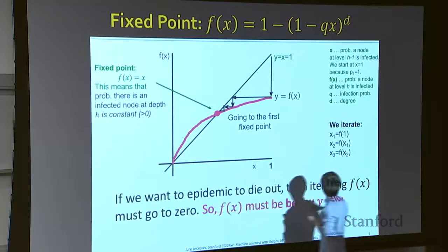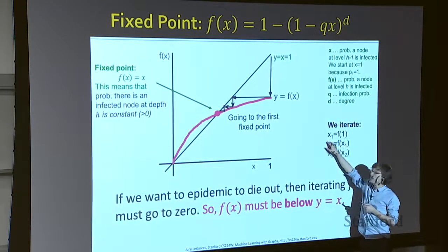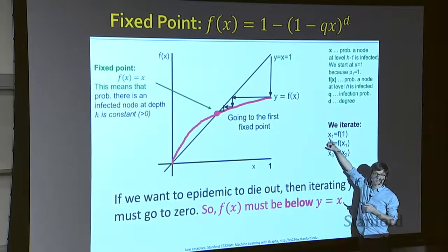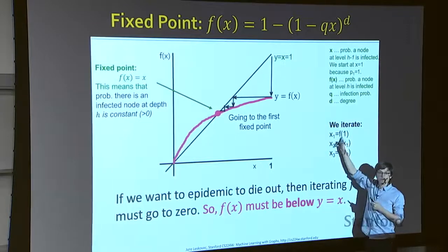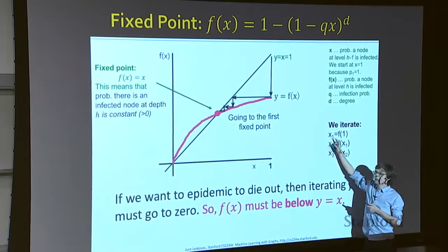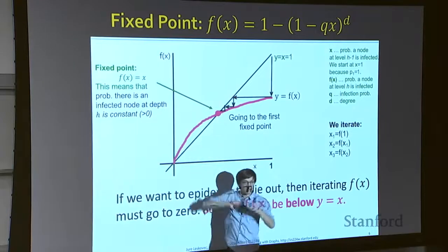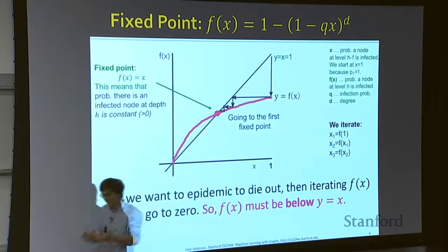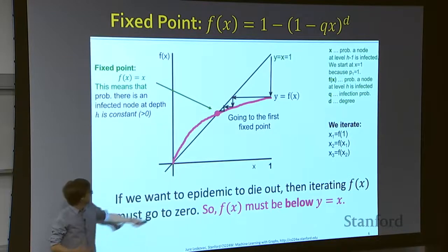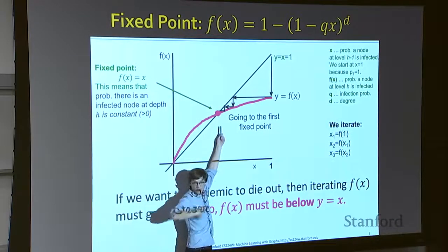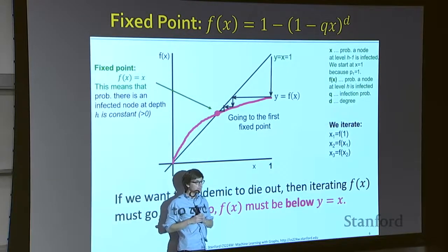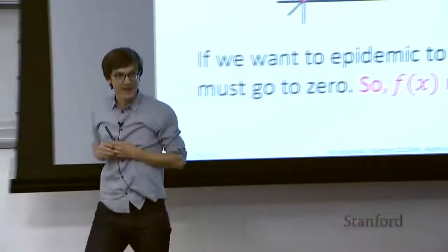My iteration will be stuck here if f of x equals x. I won't be moving anymore. So as soon as I cross this x equals y, I get stuck, and the probability of having an infected node at a given depth will be constant from then on as I keep iterating. Good question.